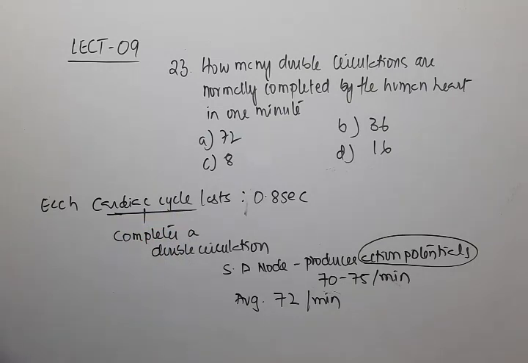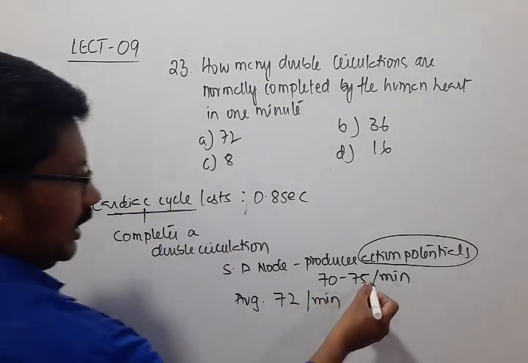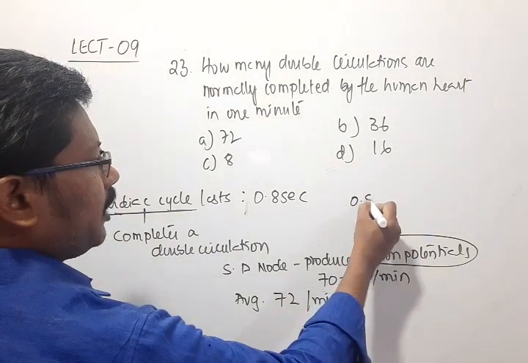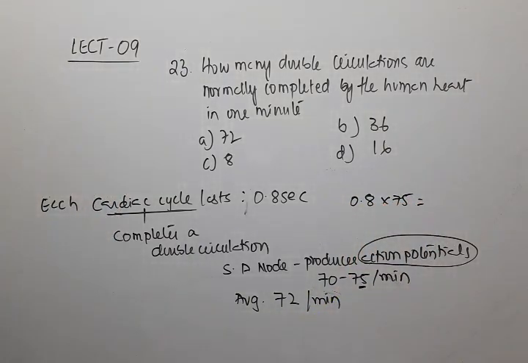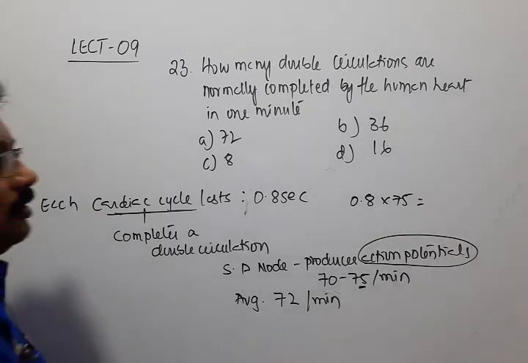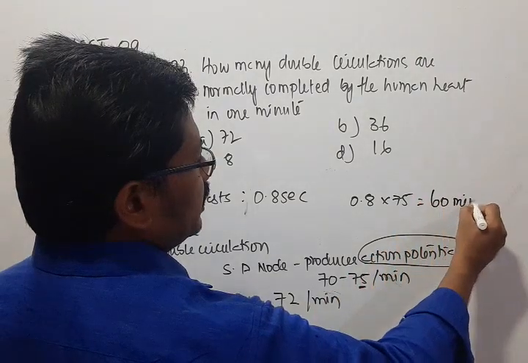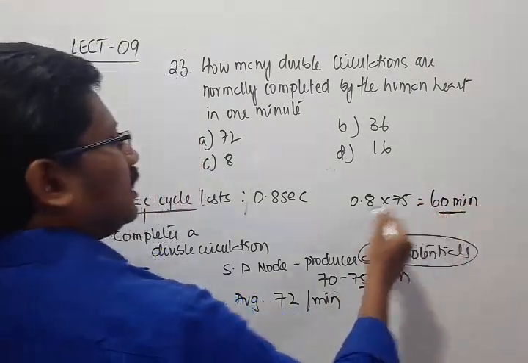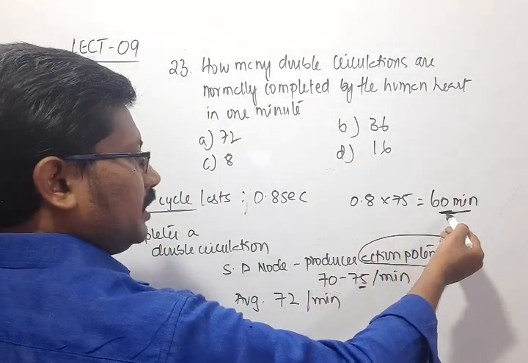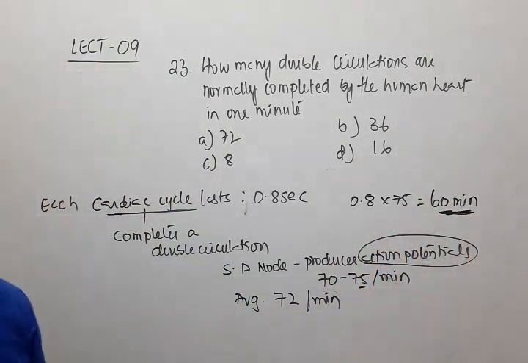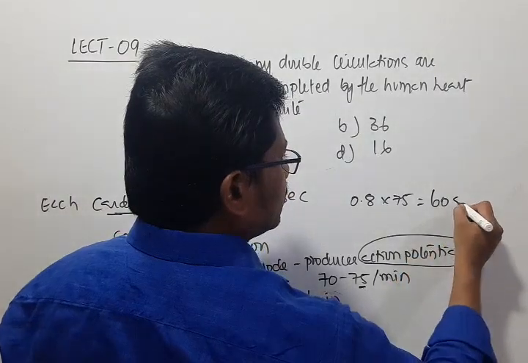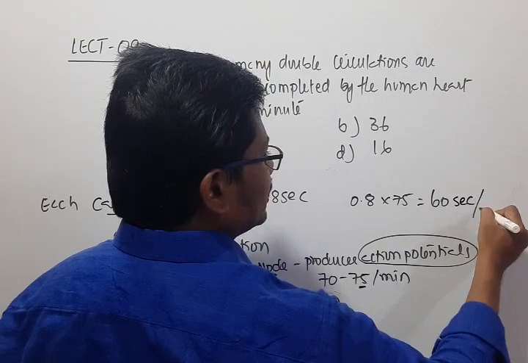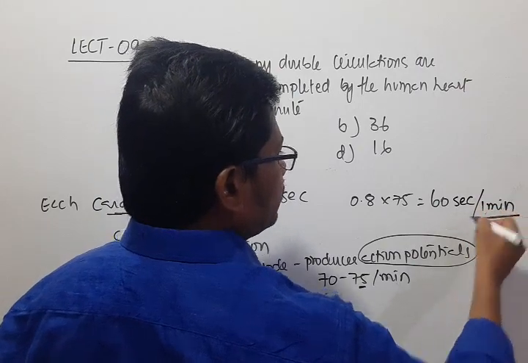So you will get 75 beats in 60 seconds, sorry, this is not minute, it's second, so that is 1 minute.